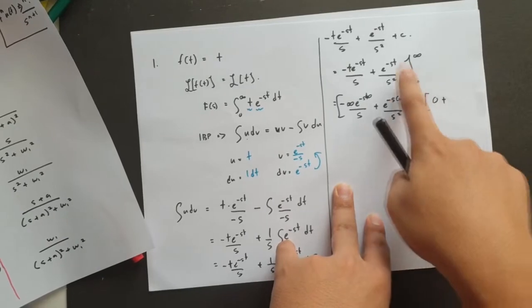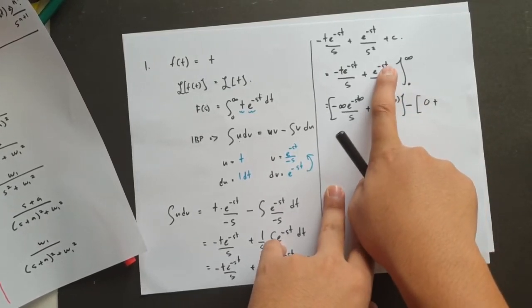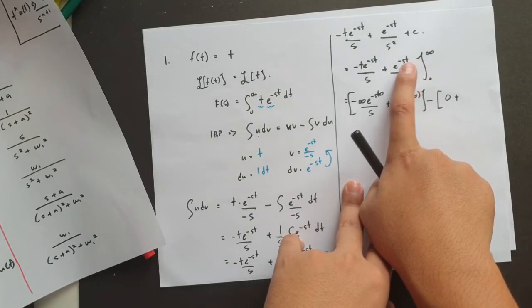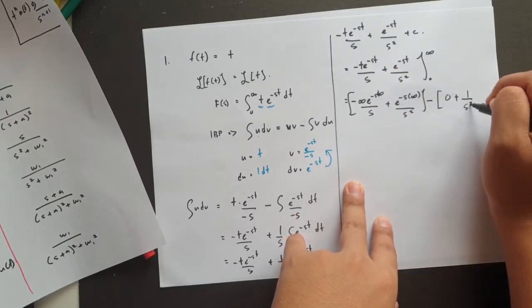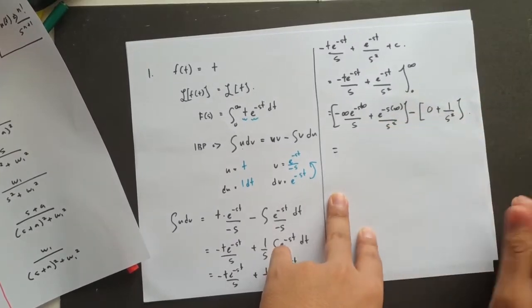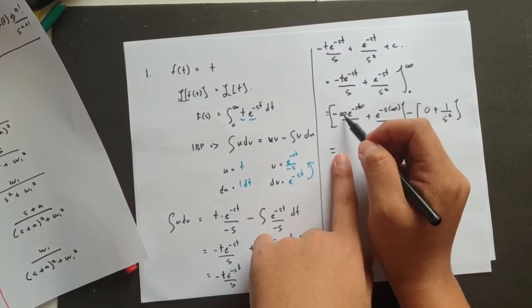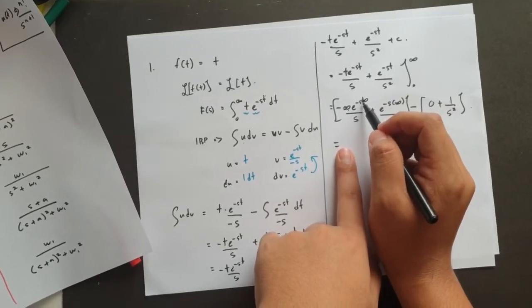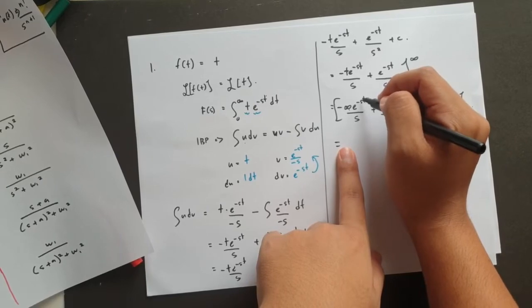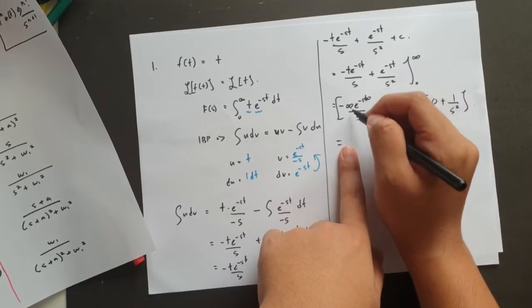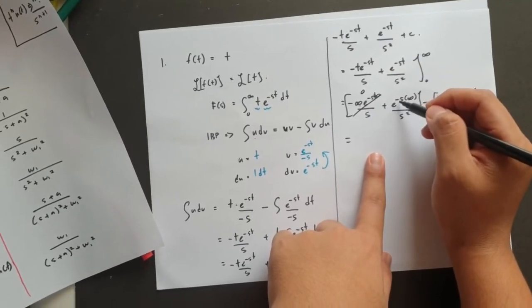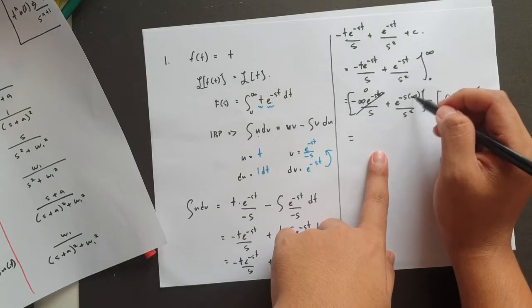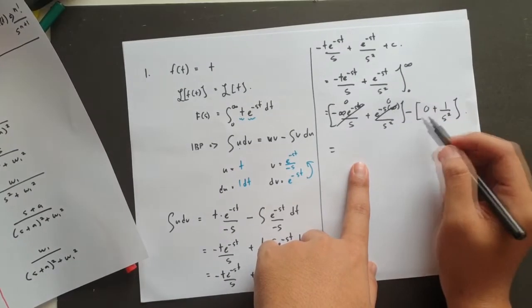And e to the negative s infinity is also equal to 0, so this is 0. Then for the lower limit, put t equal to 0, so the first term is 0, and for the second term, e to the negative s times 0 is e to the 0, which equals 1, so 1 over s squared.